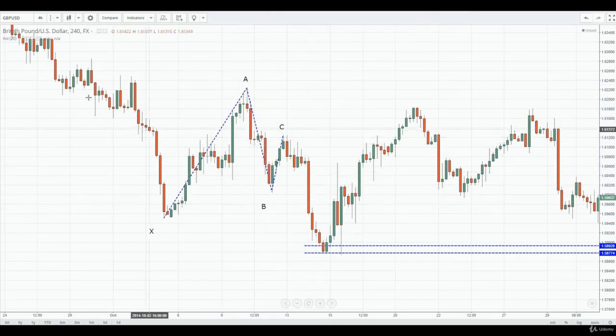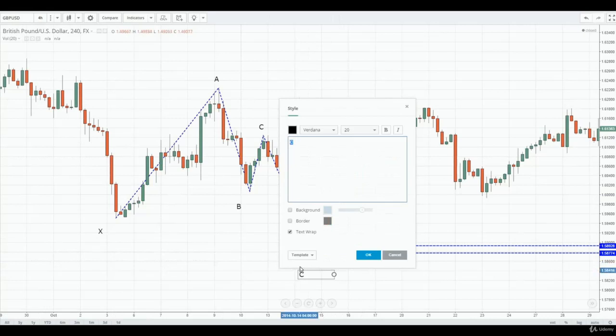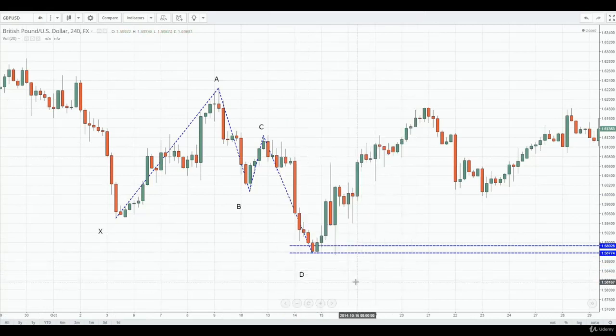So let's draw in this last line. Since the 127 is the most important, we can see it comes all the way down into the 127. We would probably drop down to the 1 hour on this since we are using the 4-hour time frame. And I'll label this as the D point so we know where we're at.